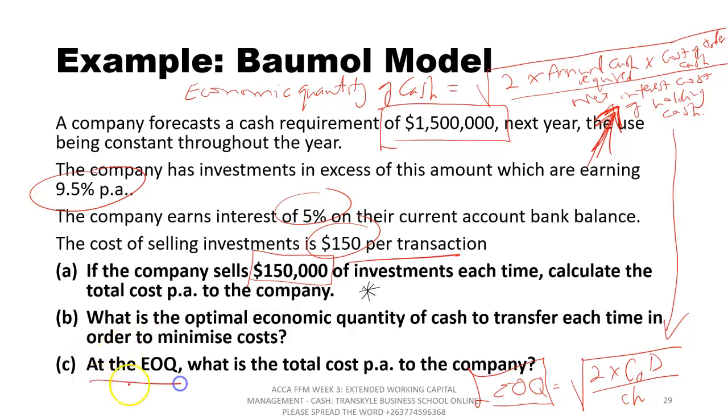So let us prove. I think that is the requirement for part C. Part C is saying at the EOQ, what is the total cost per annum to the company? So at this EOQ, let us prove or disprove. We are saying ordering costs at the EOQ.